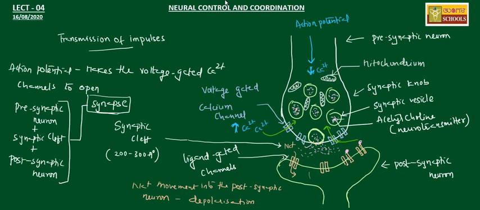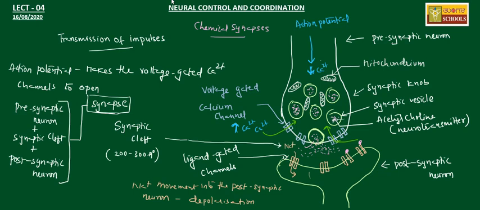Now these synapses, where the neurotransmitter acts as a mediator, are called chemical synapses. We have just now studied chemical synapses. There is one more type of synapse called the electrical synapse.